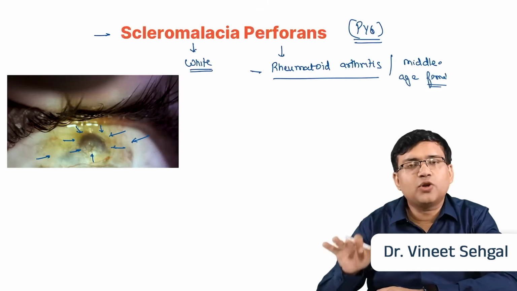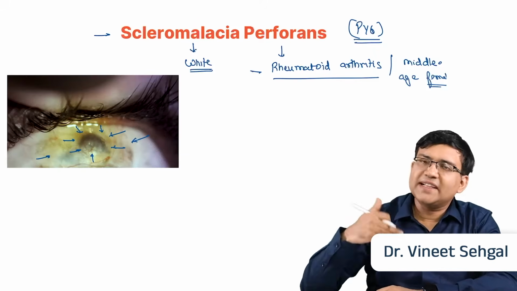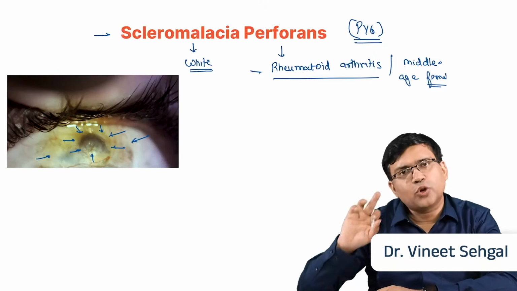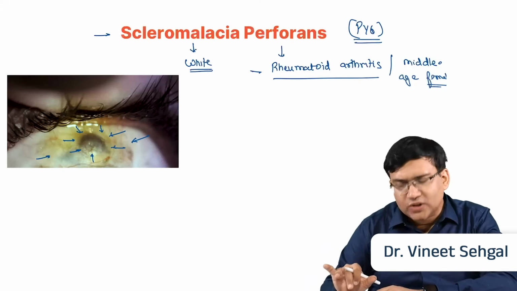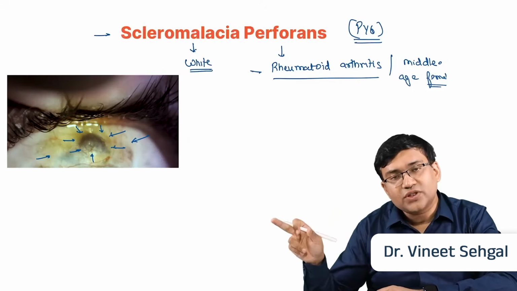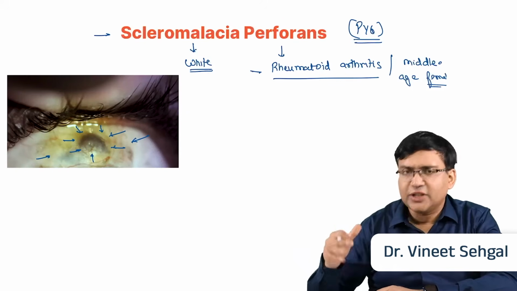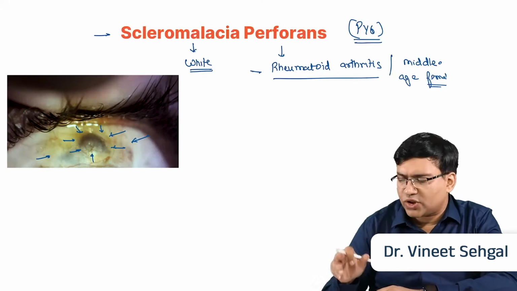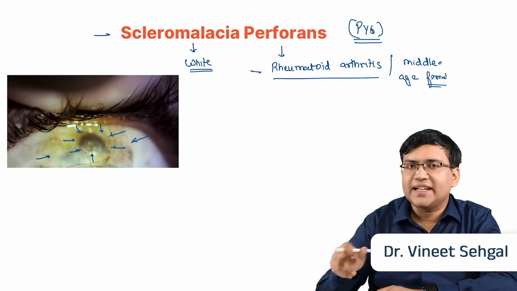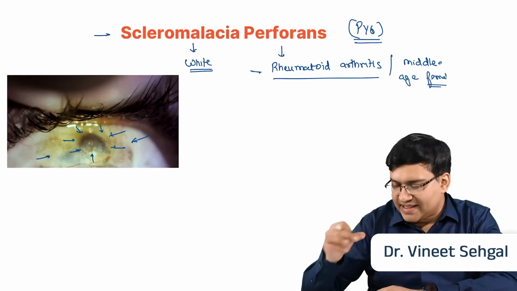But if they give a question, let's say the patient is having absolute glaucoma, or has undergone a trabeculectomy surgery, and then you are seeing protrusion of uvea through that area, then your answer becomes more in favor of ciliary staphyloma. So whenever you get an MCQ, you have to see all the hints, and after seeing all the hints you compare which one has more probability as an answer.